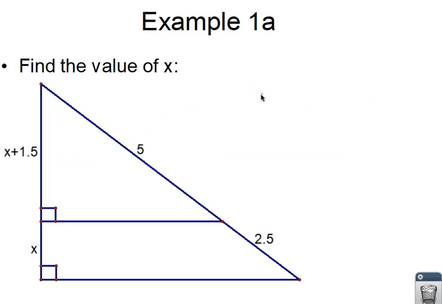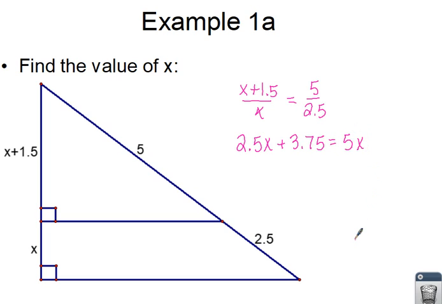Alright, for this one, do x plus 1.5 over x, and then 5 over 2.5. So we cross multiply first. So we get 2.5x plus 3.75 equals 5x.